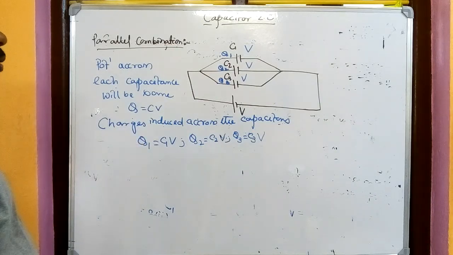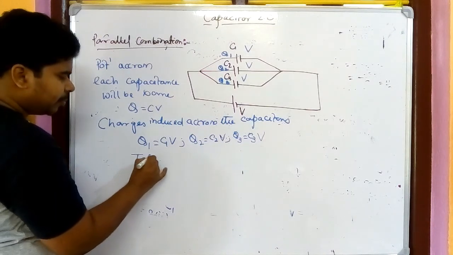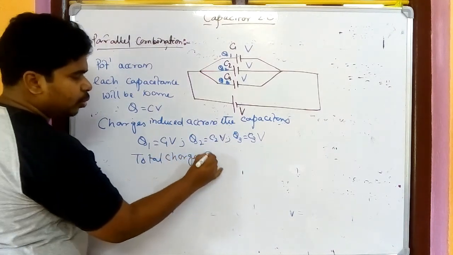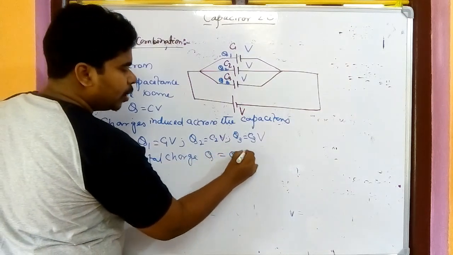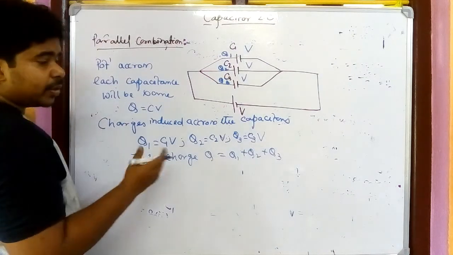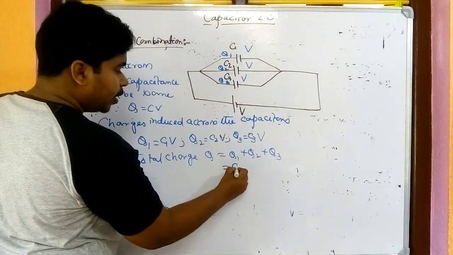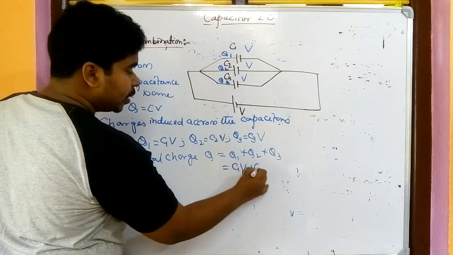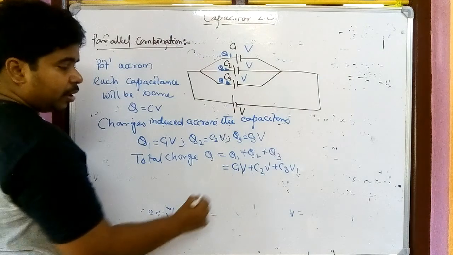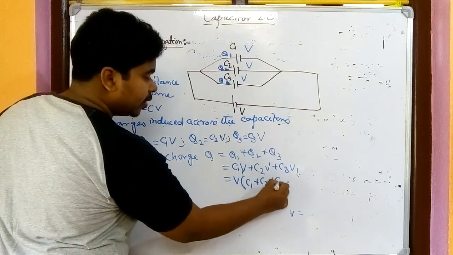So the total charge Q is equal to Q1 plus Q2 plus Q3. Instead of Q1 you can write C1V plus C2V plus C3V. So common V, C1 plus C2 plus C3.